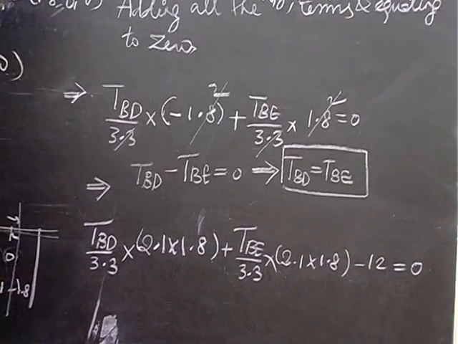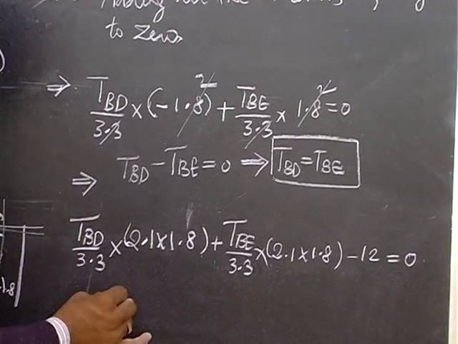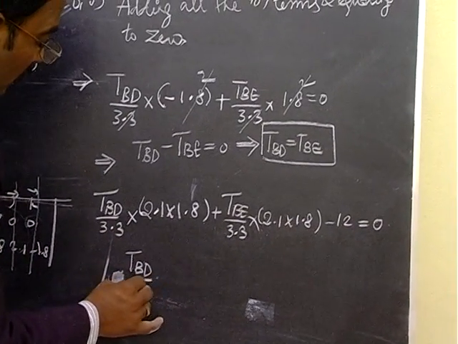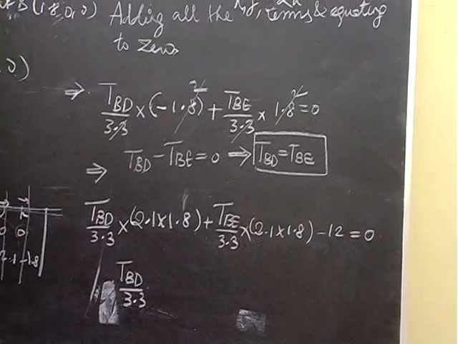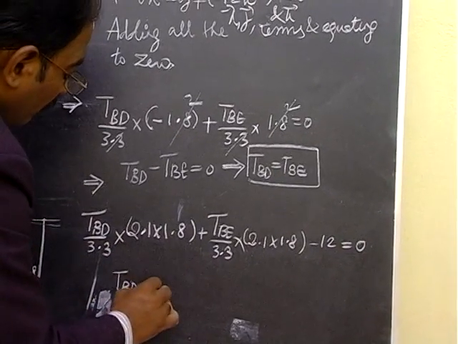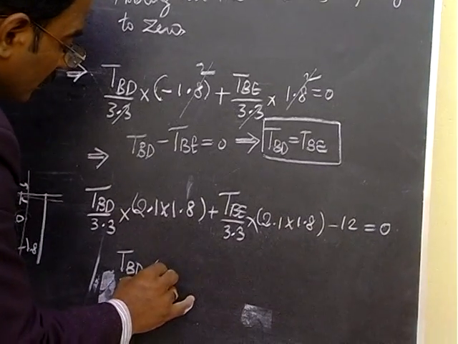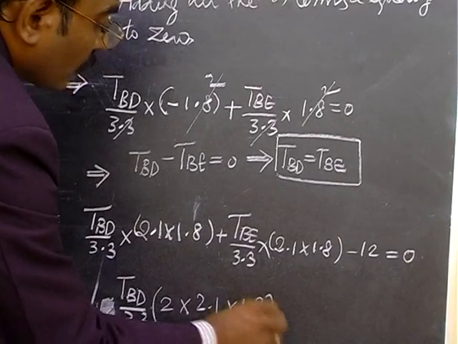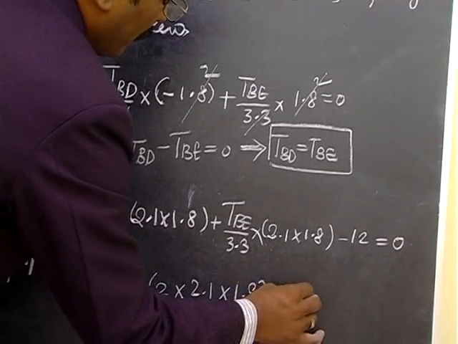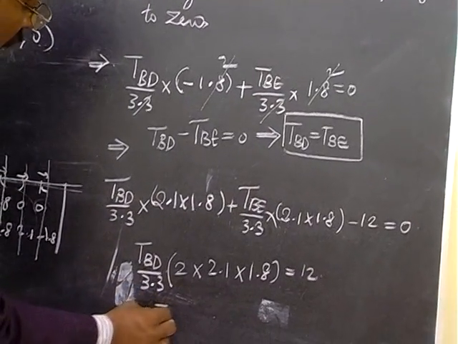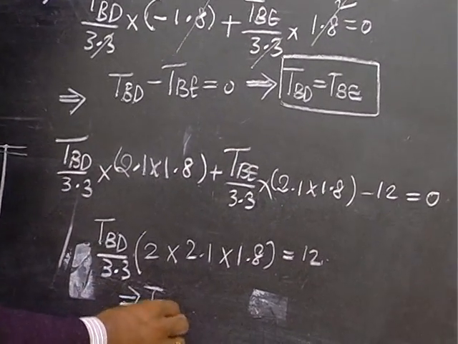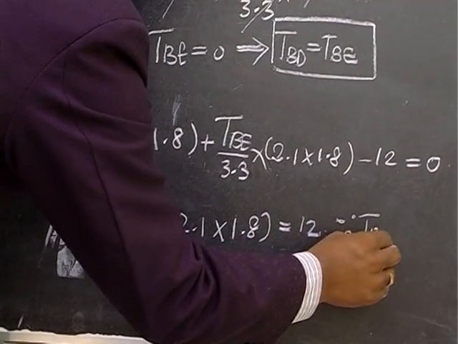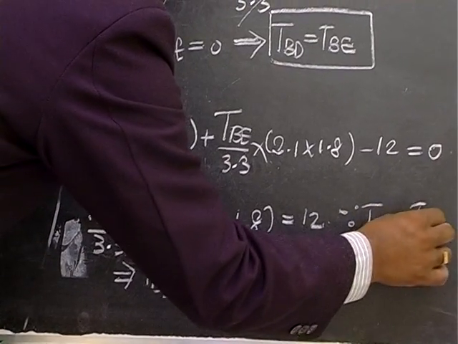So we can take any one of the values. We can put TBD equal to TBE. So we can simply take TBD out and we can multiply this by 2, twice 2.1 multiplied by 1.8 is equal to 12. So from this we can straight away find the value of TBD. This can be possible only when TBD is equal to TBE.